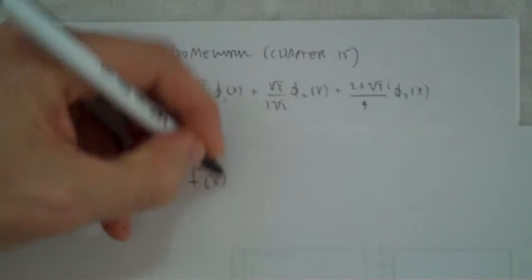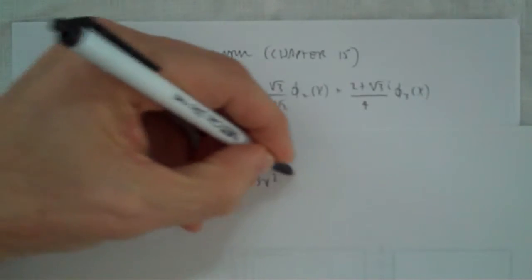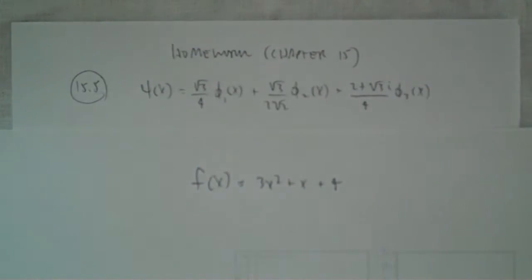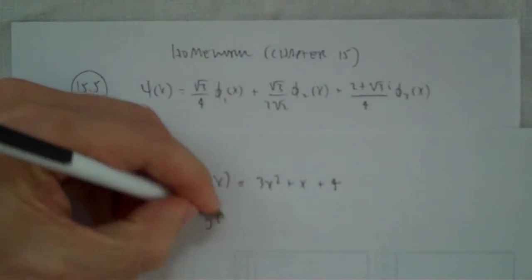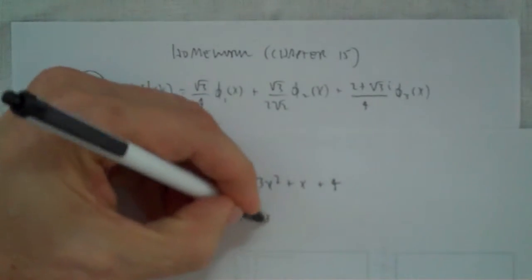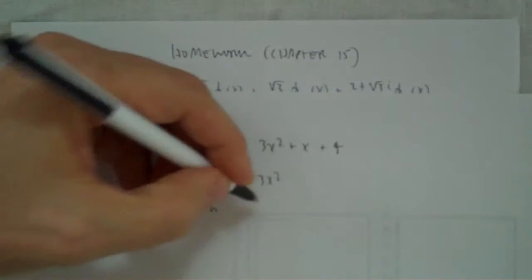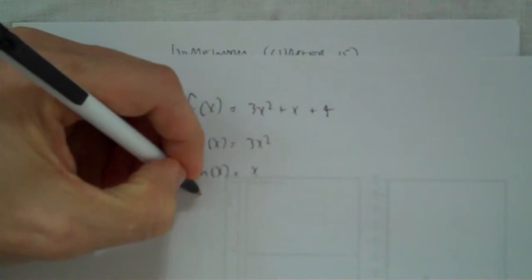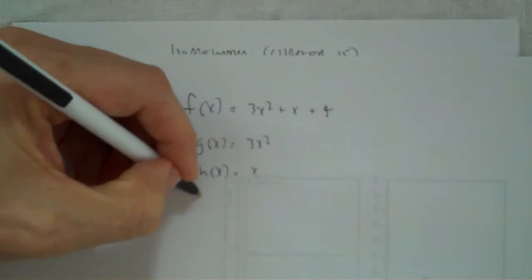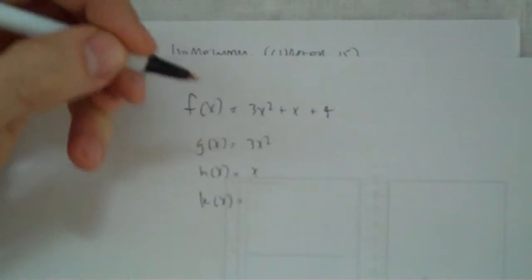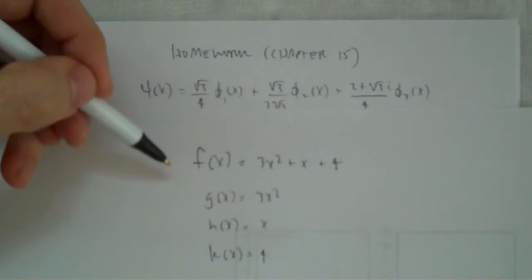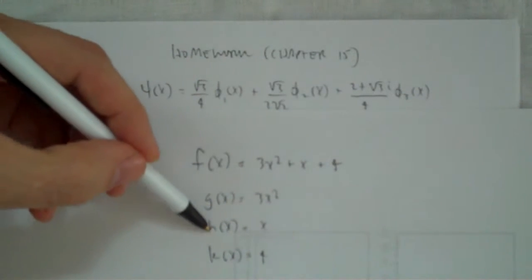For example, f of x is equal to 3x squared plus x plus 4. Well, that's a sum of other functions, right? We might say that g of x was equal to 3x squared. h of x is equal to x, and what comes next after h? I don't know. k of x is equal to 4, right? And so we could have said that f of x was equal to that plus that plus that.